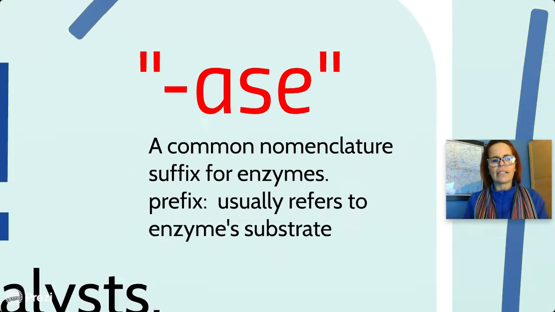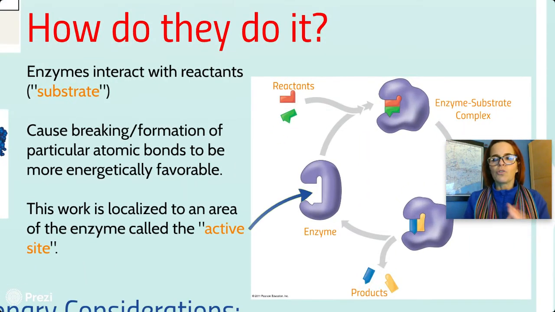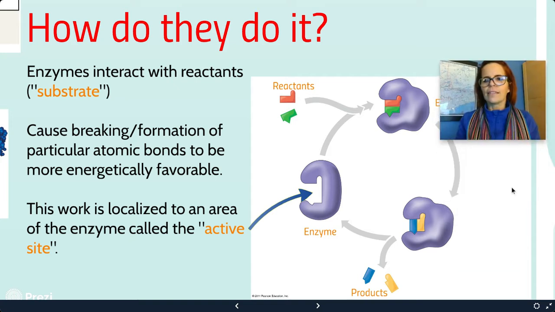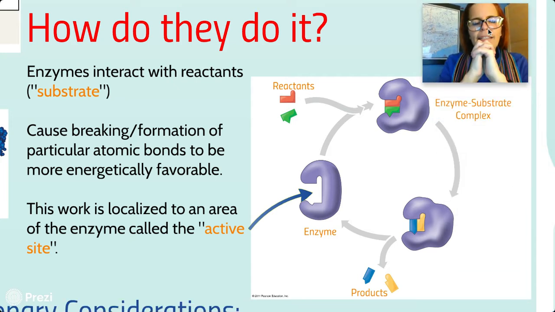Now I've given you some examples here. So the general idea, let's get my picture out of the way. Enzymes interact with their reactants, and super important that you learn the word substrate. Substrate is the molecule that we're working on. So in my example, the substrate is the hydrogen peroxide.